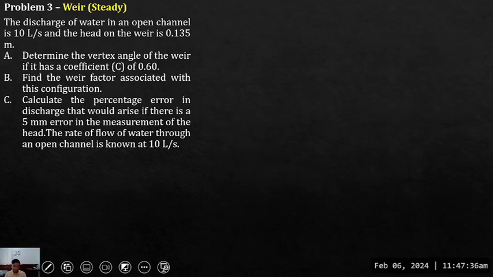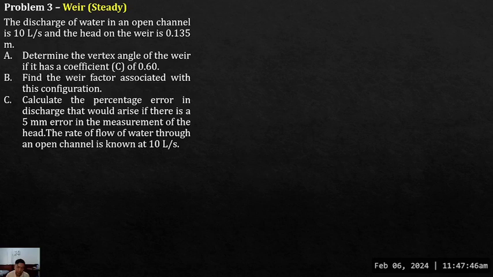So let's try this problem 3. The discharge of water in an open channel is 10 liters per second, and the head on the weir is 0.135 meters. You're asked to determine the vertex angle of the weir if it has a coefficient of 0.6, and then find the weir factor associated with this configuration.